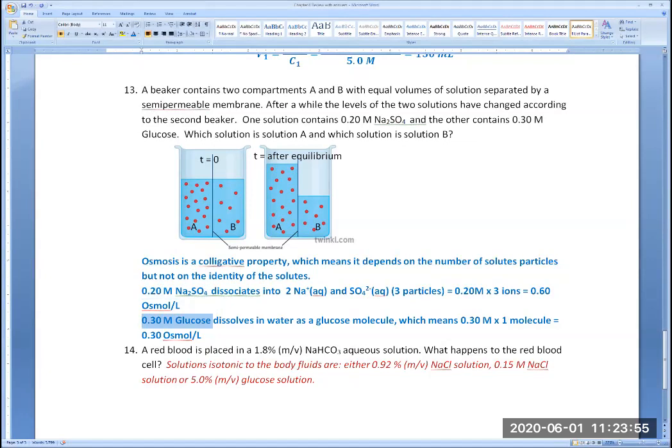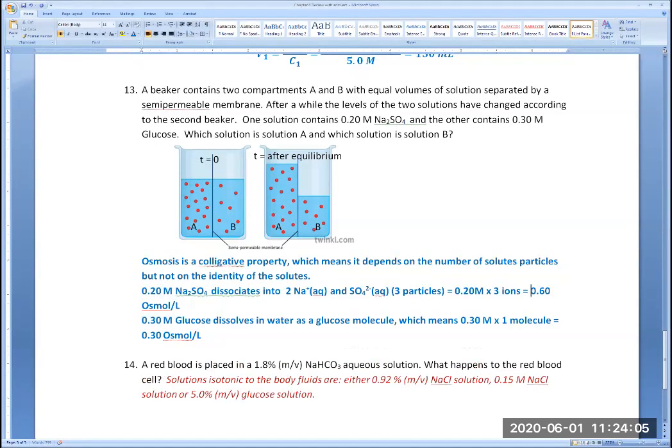Yes, the first is more concentrated in solute particles per unit of volume, because it's 0.60 osmolar versus only 0.30. Even though the glucose solution looks like it has a higher number, the osmolarity is actually smaller because it does not dissociate into multiple particles, it stays as one molecule. That's very important to pay attention to.